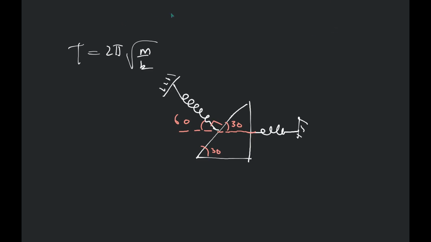Net time period, this will be cos 60 over here. Just hold on, let me think. 2 pi root of m by 2m. Something related to the angles we'll have to do over here.